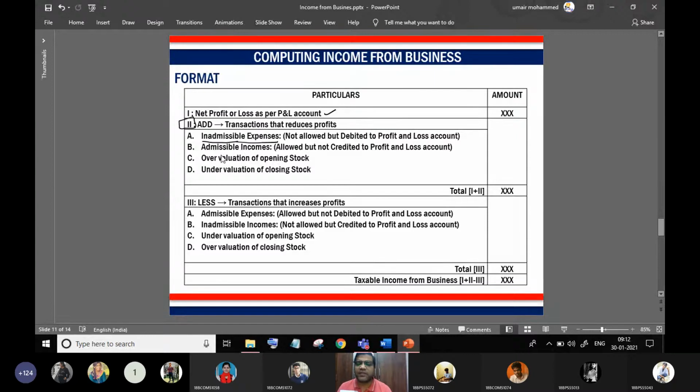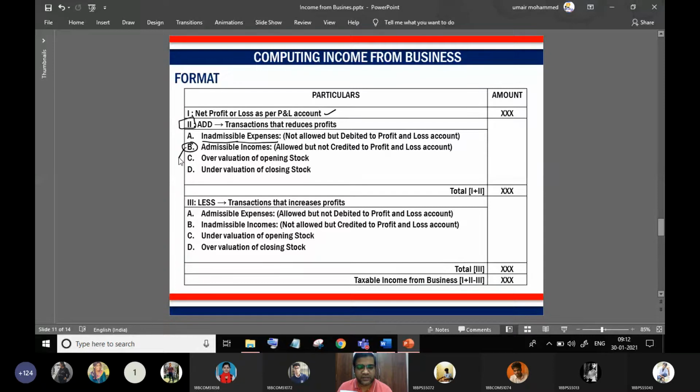Second, admissible incomes. These are business incomes, incomes which are allowed by the income tax department, but the assessee has forgotten or has not recorded them in the profit and loss account. So if it is not recorded in the profit and loss account, where do we find it? The answer is in the adjustments. So where to look for item number B?